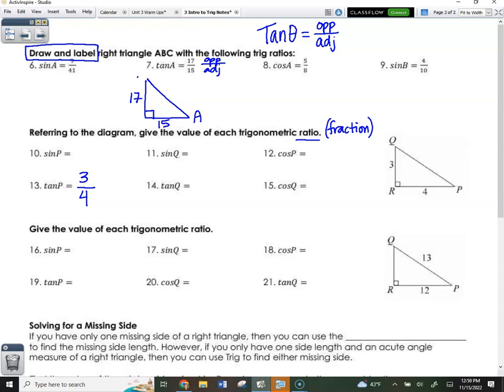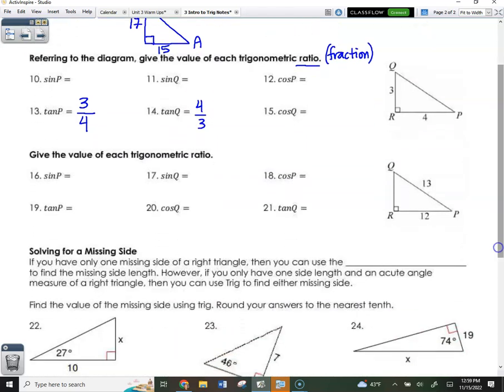Looking at the next one, tan of Q. What's opposite of Q? 4. Adjacent to Q. 3. So it's 4/3.